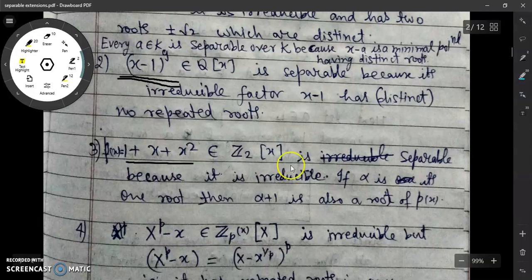It means for any root alpha of this, alpha plus 1 is also a root of this. This asserts that all the roots are distinct, meaning it has no repeated roots. So this is irreducible and has no repeated roots, and hence this polynomial is separable.